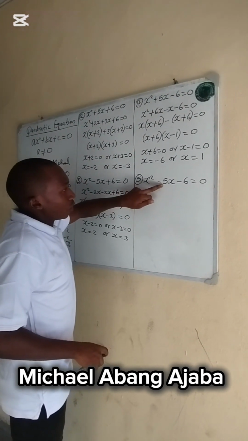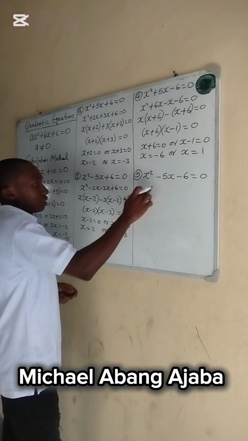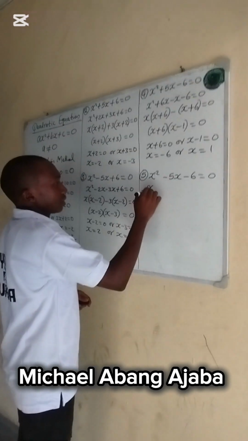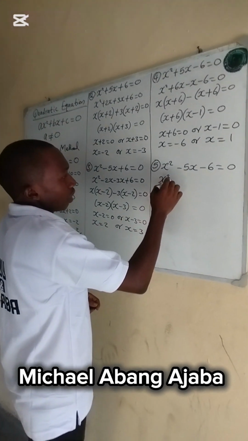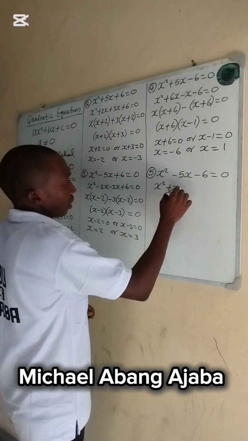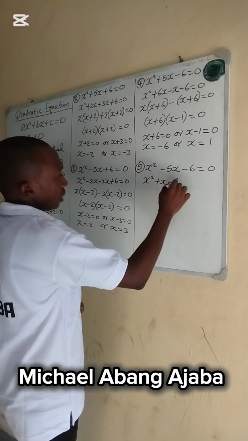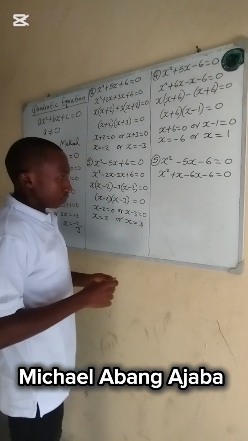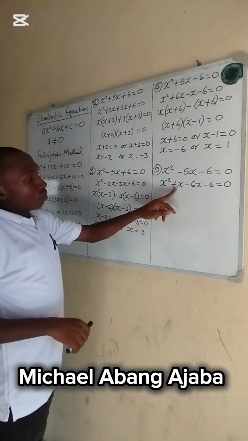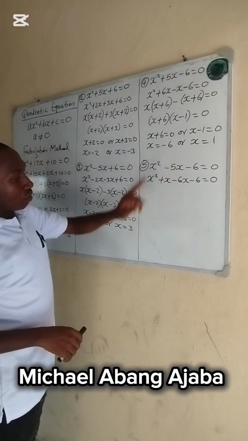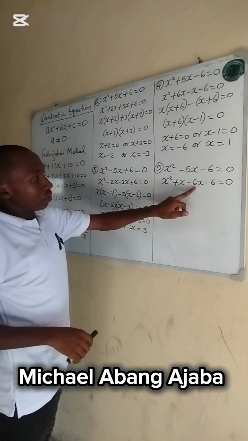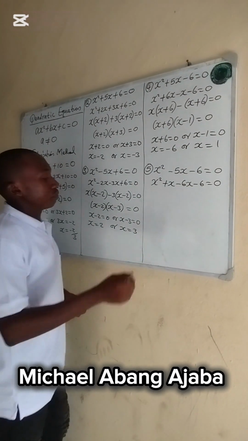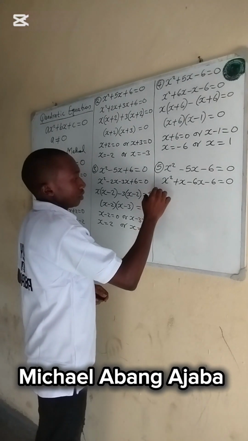The middle term here is negative, the bigger number will be negative. So for the second case here, we are going to have x squared plus x minus 6x minus 6 equal to 0. 1 minus 6 is minus 5, and 1 times minus 6 is minus 6.